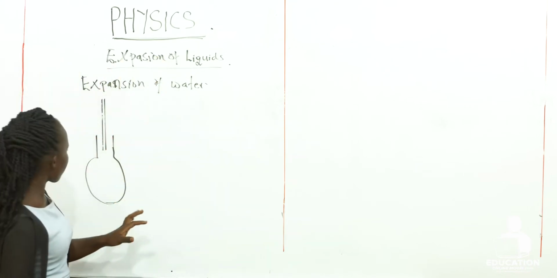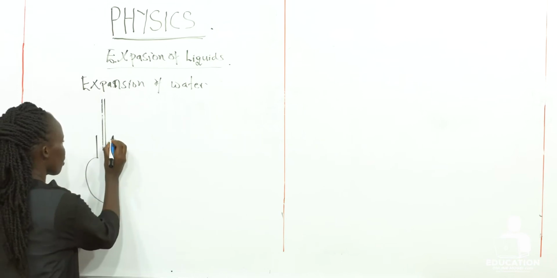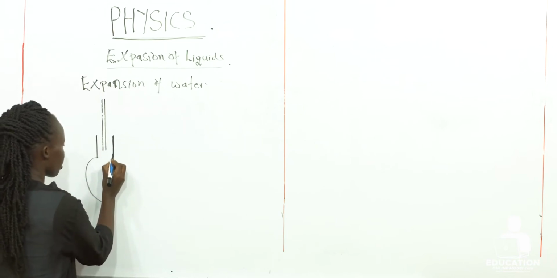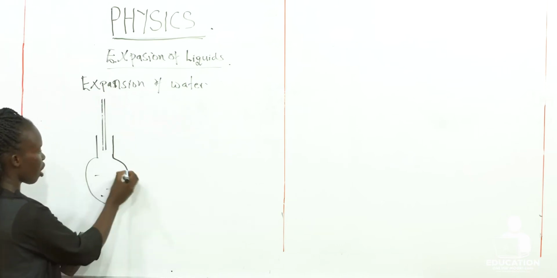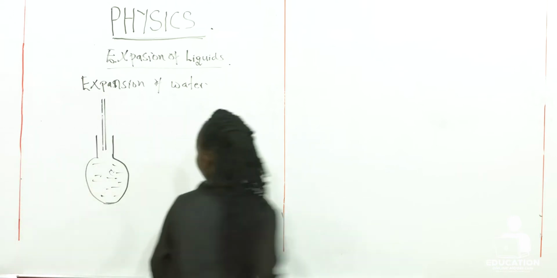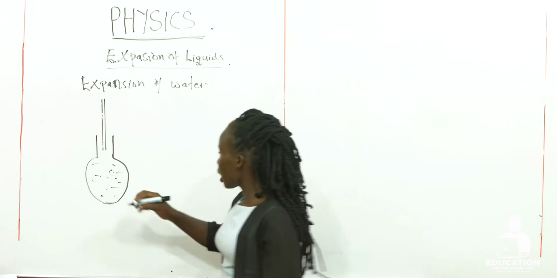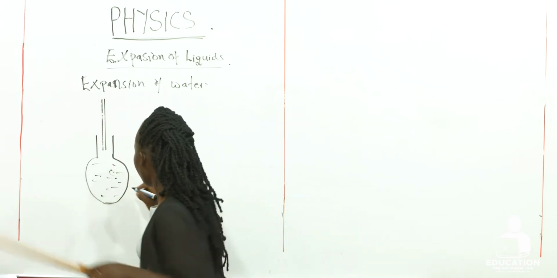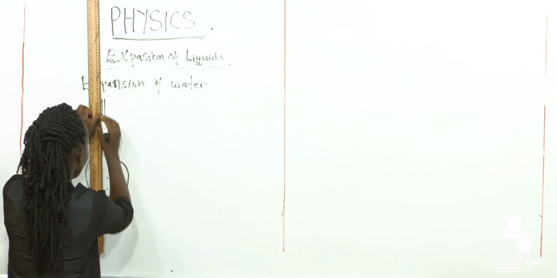When we have our flask, we shall fill it with some water. So we have our liquid in the flask here. This one is a tube, and we shall insert this tube deep inside the liquid.